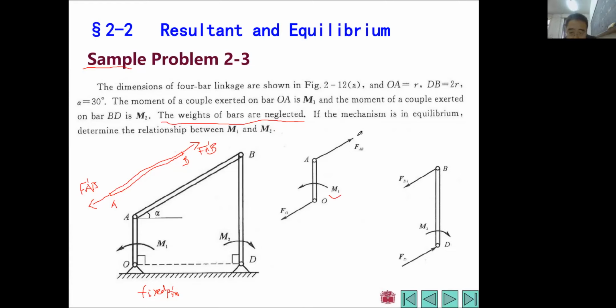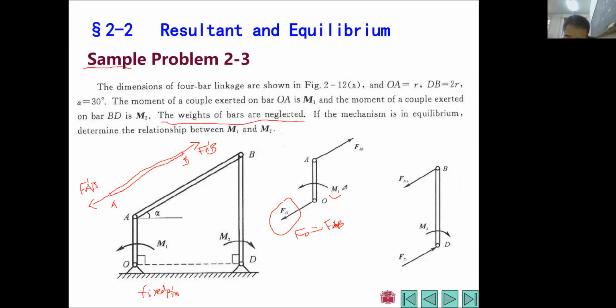And we know this direction of FAB because this M1 can only be counterbalanced by another couple, right? So this FO should always be along this direction, which is opposite to this FAB. Why? And its magnitude also should equal FAB. Because this couple M1 can only be counterbalanced by another couple.